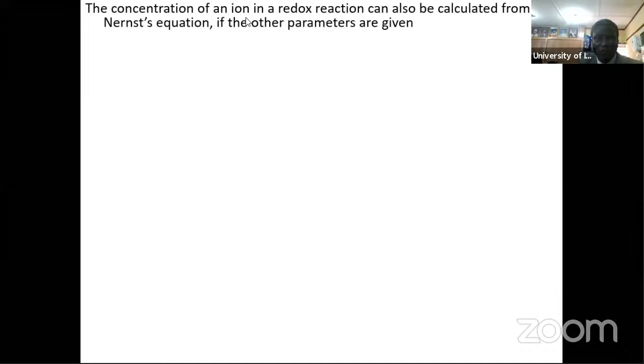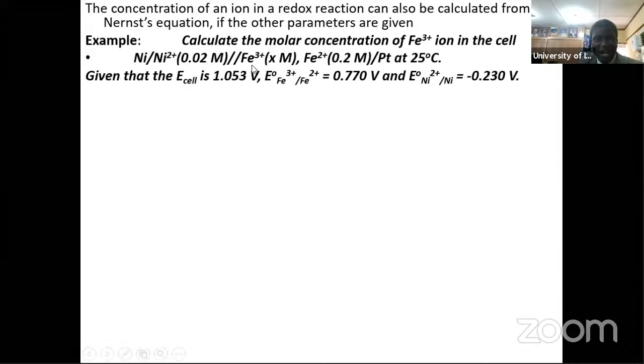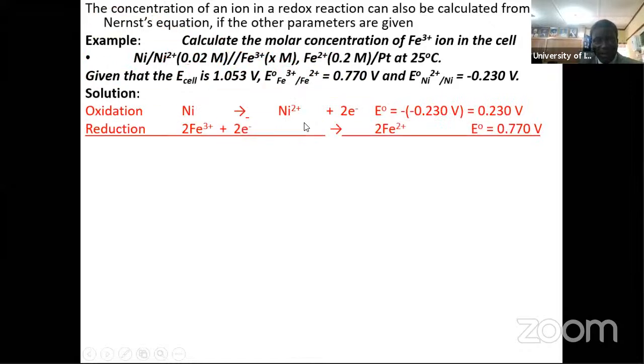Now, the concentration of iron in a redox reaction can also be determined, can also be calculated using the Nernst equation, just like any other parameters. If you don't know what the concentration of iron is, like here, where our iron has been made to be X, then you just substitute into that equation like the previous ones. I won't be going through this because of time.